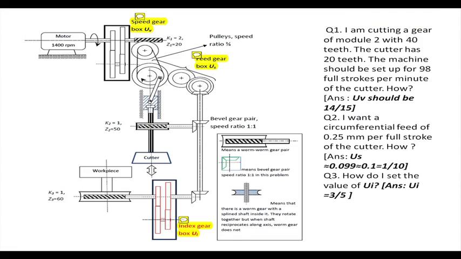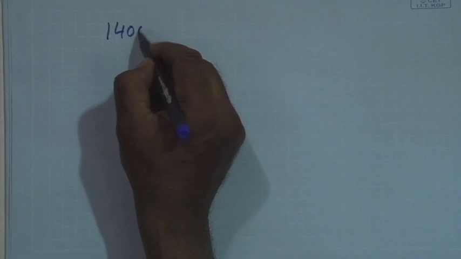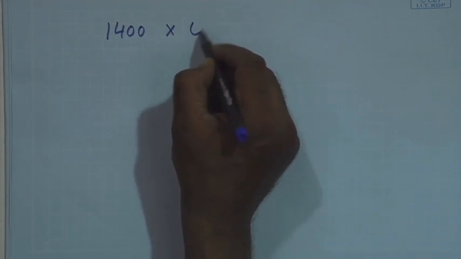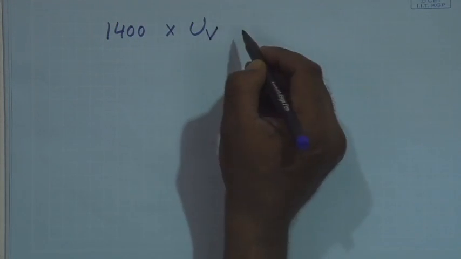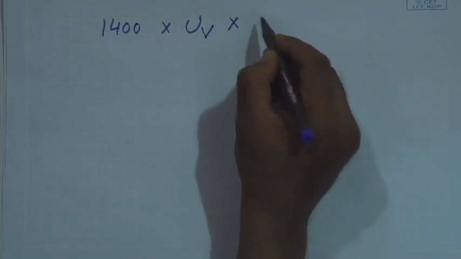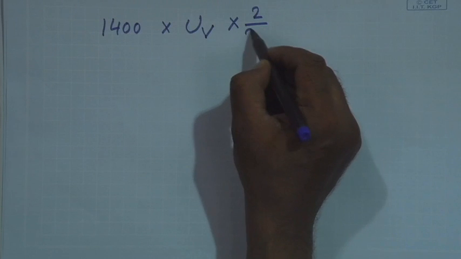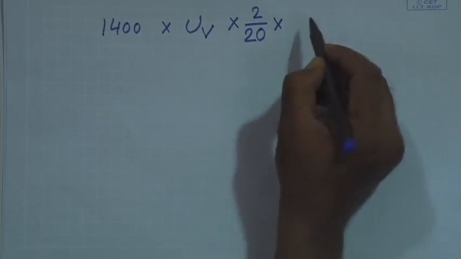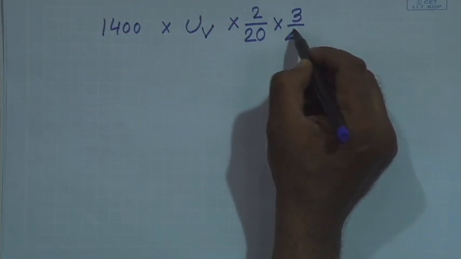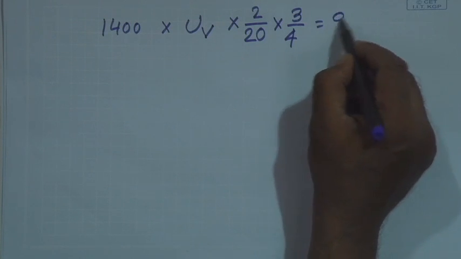So, selecting a fresh sheet of paper, we write down 1400 multiplied by uv multiplied by K1 by Z1 is 2/20 multiplied by 3/4 is equal to 98.